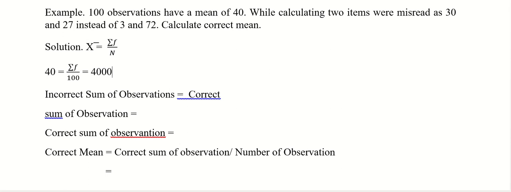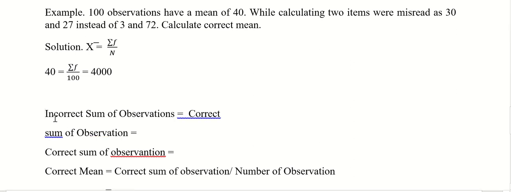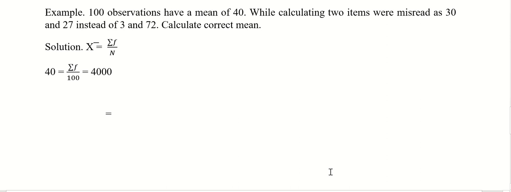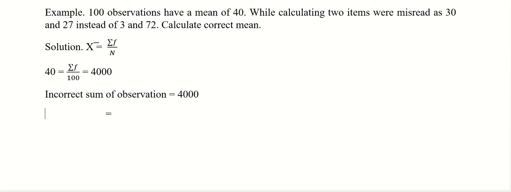Now we need to calculate the correct sum of observations from this. The incorrect sum of observations is 4000. For the correct sum of observations, let's see how many values are wrong here.